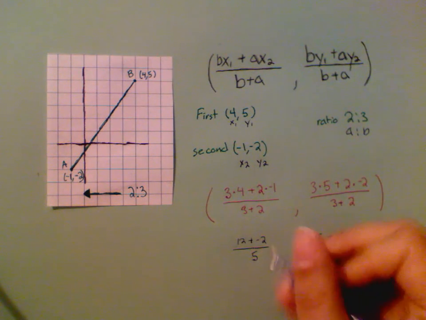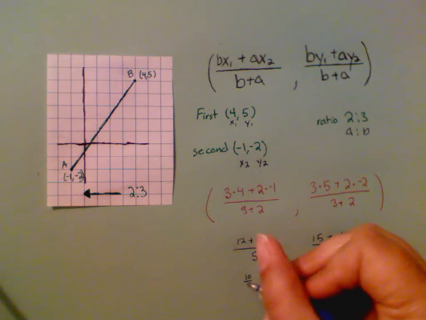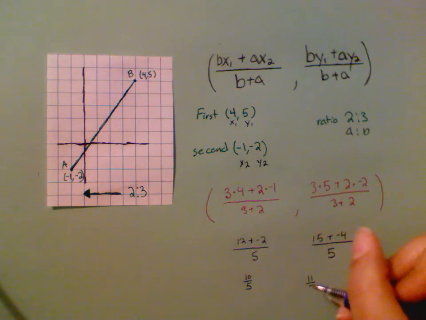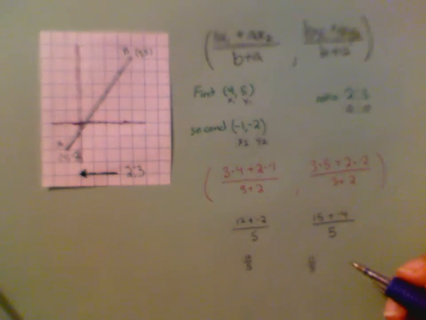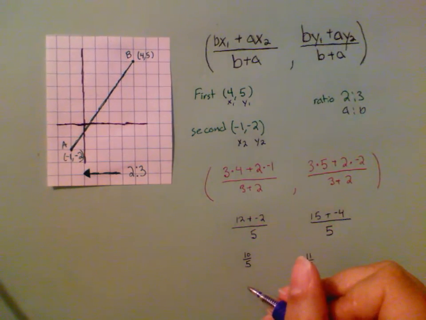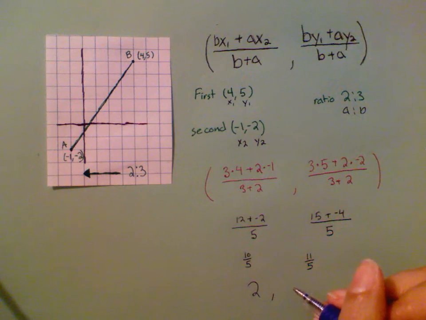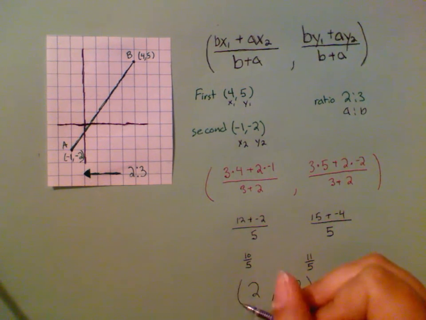And then, so that's 10 over 5 and 11 over 5, which you can simplify, convert them to decimal form, and you get 2, and then 11 over 5 is 2.2 for your y value.